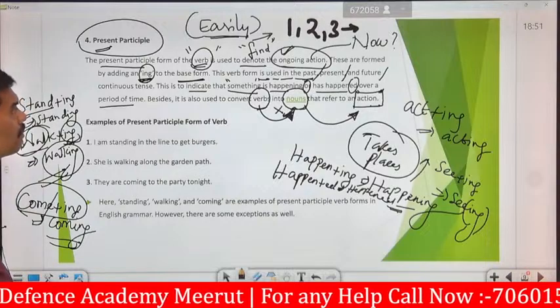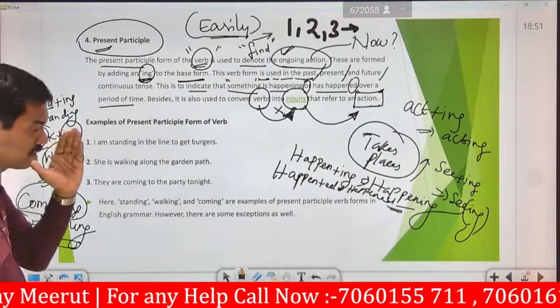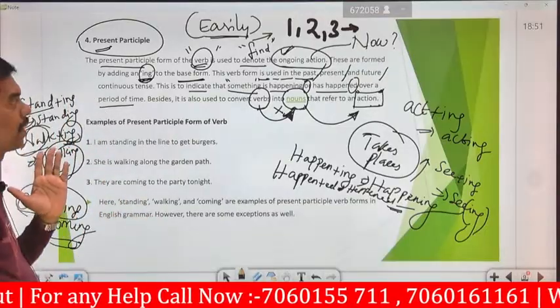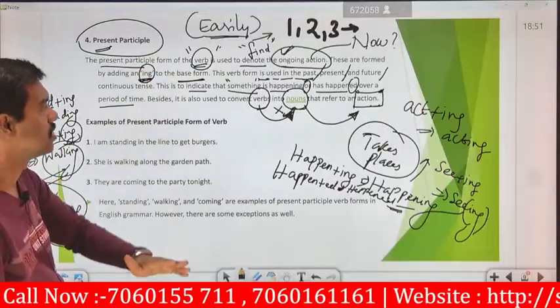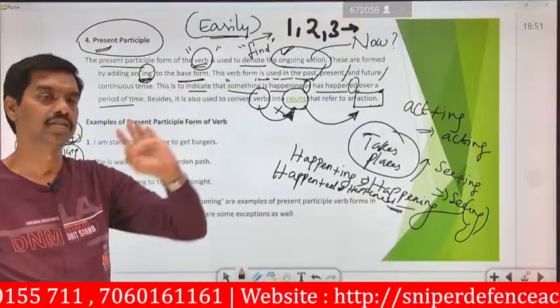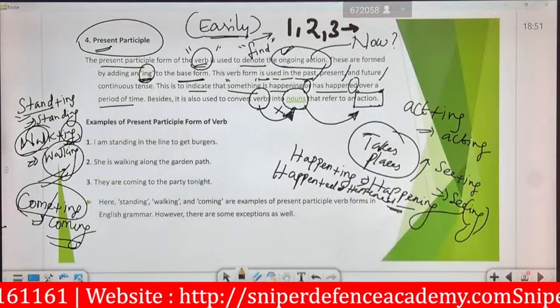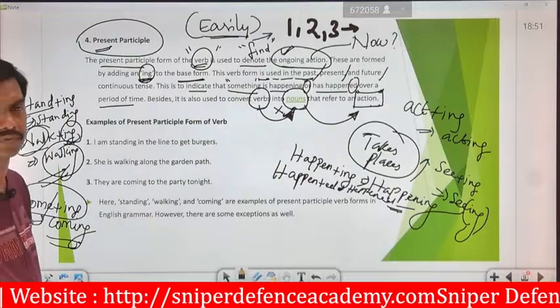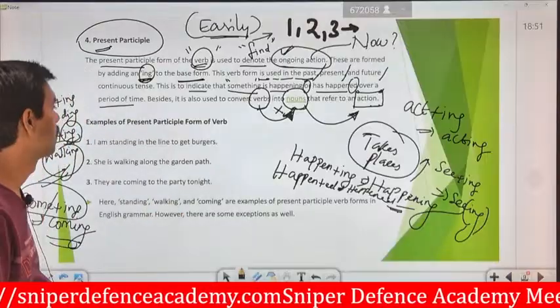This is the common definition of the present participle. The ongoing action which takes place in terms of past, present and future by adding ing indicates that something has happened. And if you convert these verbs into nouns, then it is said to be a present participle.